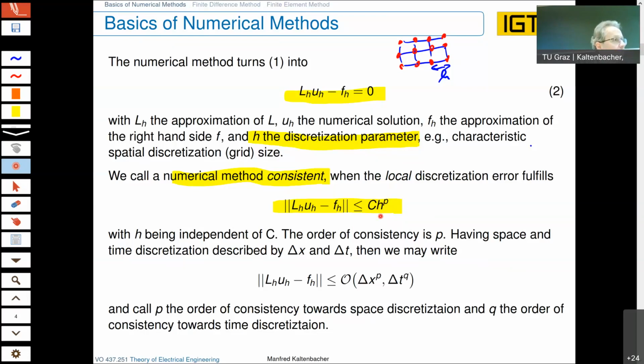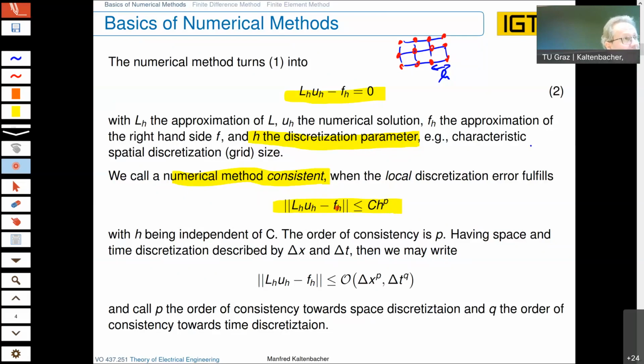So you see that the finer the mesh, the smaller the error will be if this inequality is fulfilled. It is a sensible definition that there is a difference between your approximate operator, which gives you a system matrix with the vector of unknowns, minus the discrete right-hand side.